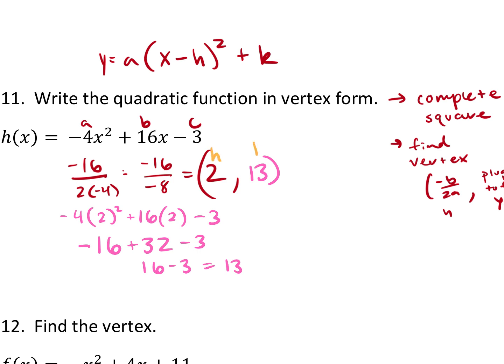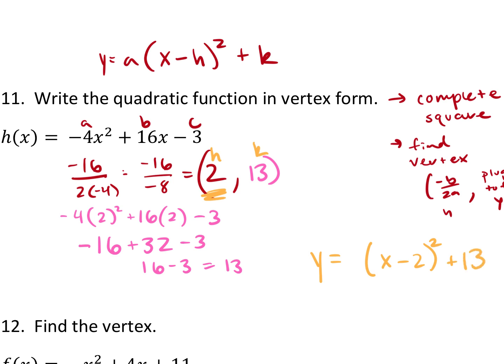So this is our h and k. So I'm going to plug that in. So it's a times x minus h, so x minus 2 squared plus 13.